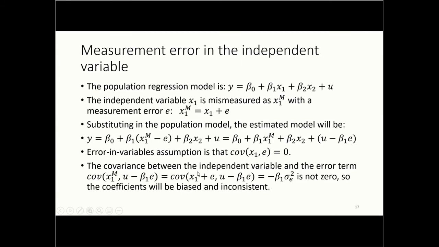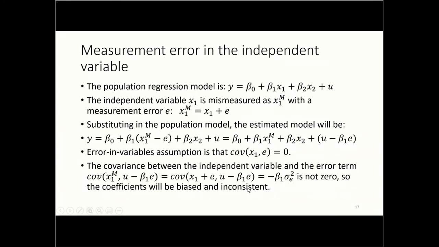So the covariance between the independent variable and the error term would be this. Now we have x1m, this is the independent variable, and the new error term. We want that covariance to be 0, of course, to have unbiased coefficients.